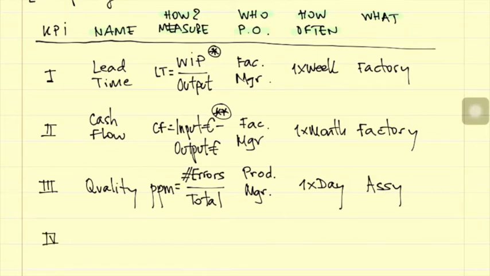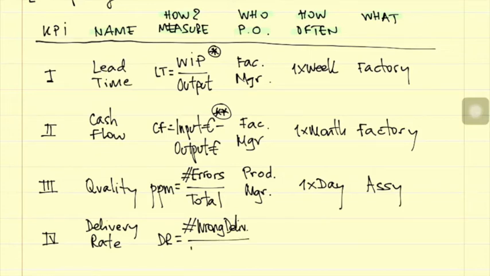The fourth is the delivery rate. Okay, and delivery rate is the number of wrong deliveries divided by the total deliveries.